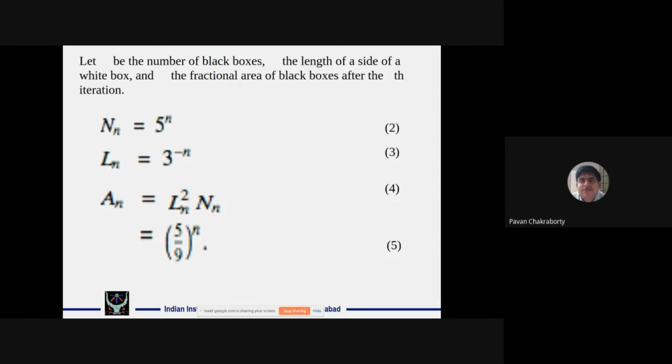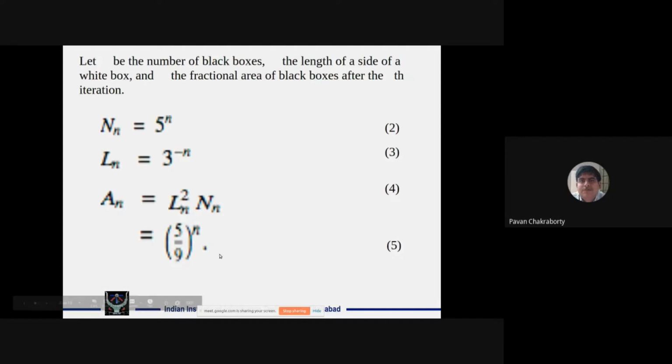Now you have the area. Supposing I would like to find out the total area of the squares used after the nth iteration. The area would be nothing else but the length of the square, L squared to the n, that is the area of one square. Now, how many squares do you have? Multiplying that, I will have a term like this: 5 by 9 to the power n.